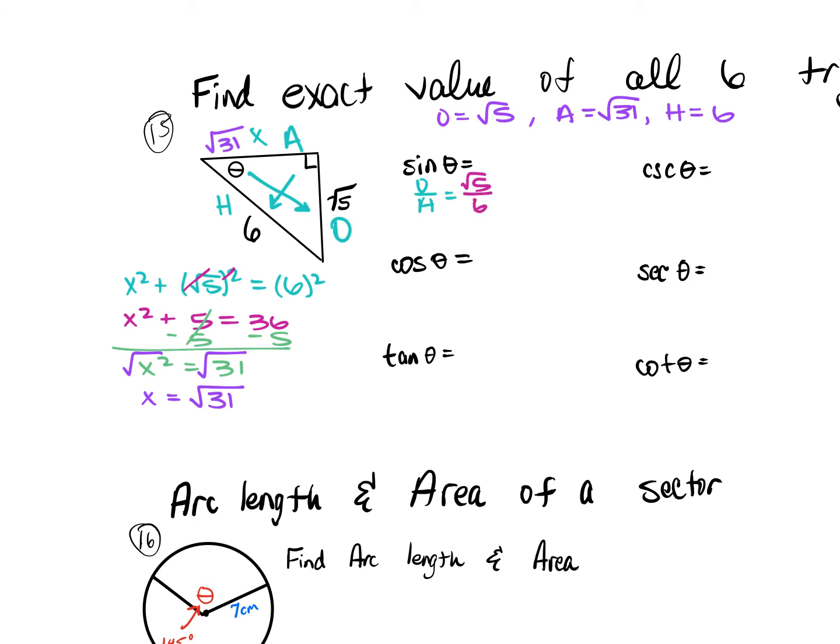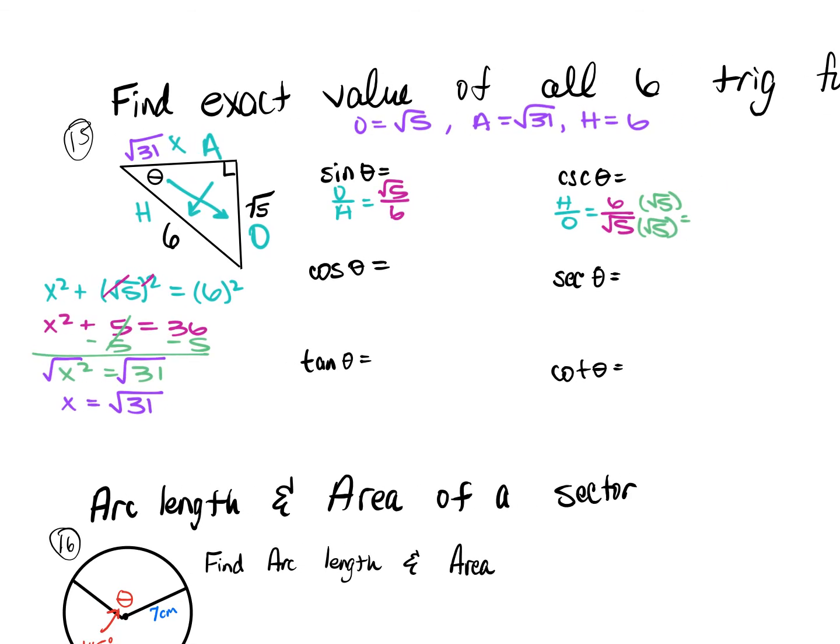Your cosecant is the reciprocal of sine. So that one is hypotenuse over opposite, which is 6 over the square root of 5. You multiply top and bottom by the square root of 5 and simplify this. And this gives you 6 square root 5 over 5. Your cosine is adjacent over hypotenuse.